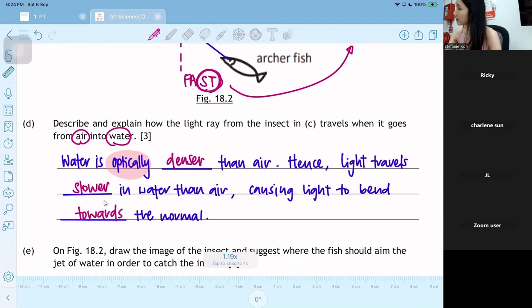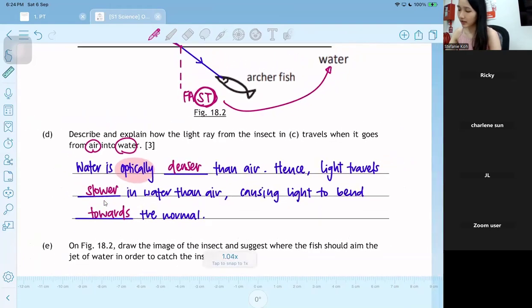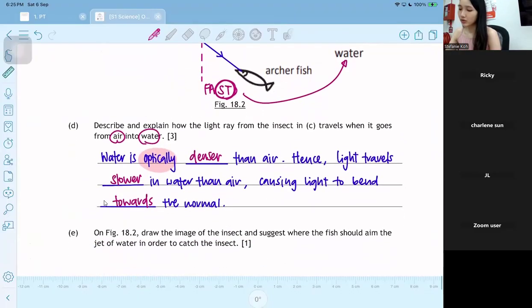So before your exam, you just go back and practice whatever light questions, ray diagram questions you have, right? And of course, when you're drawing, you use pencil, right? If not, you draw wrongly, how are you going to erase it? So in the exam, just bring your pencil, ruler, eraser, and calculator. And pen, of course.